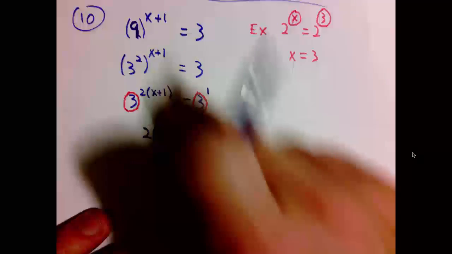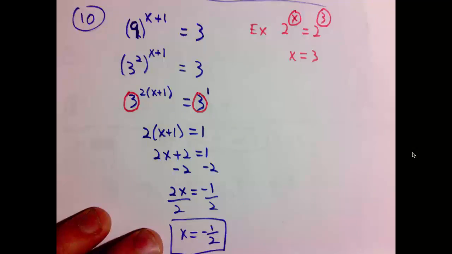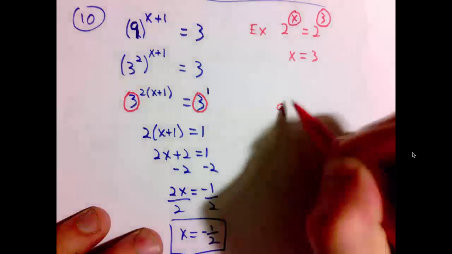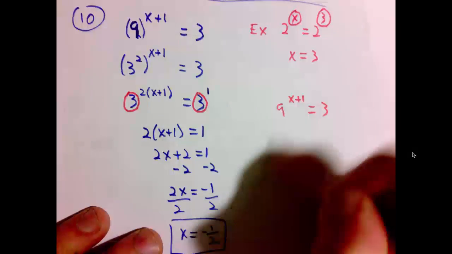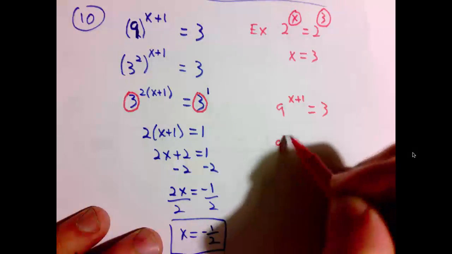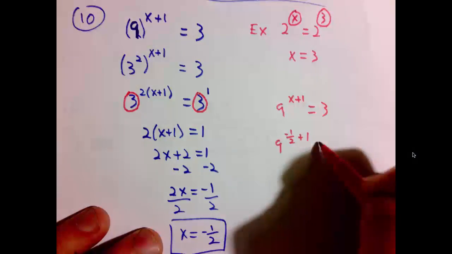So substituting x equals negative 1/2 into this equation, 9 to the power of x plus 1 is equal to 3. Substituting negative 1/2, we have 9 to the negative 1/2 plus 1 is equal to 3.